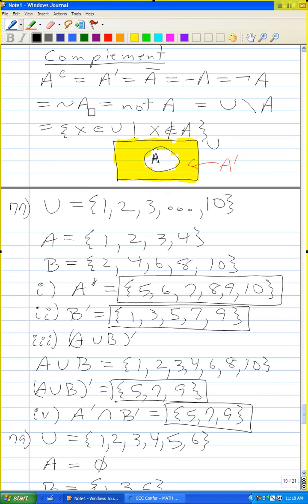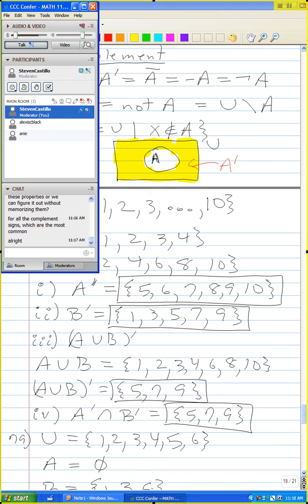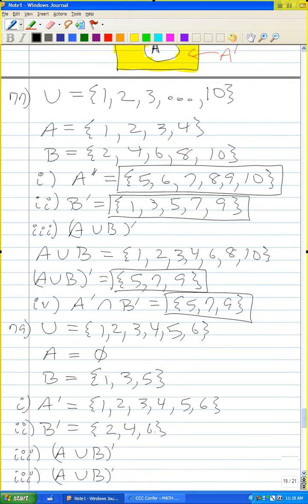Maybe the first, second, third, fourth, and this one. Maybe these two are not as common as the others, but you're going to see them in almost equal quantities, even in the same book. We tend to switch back and forth between all these notations.